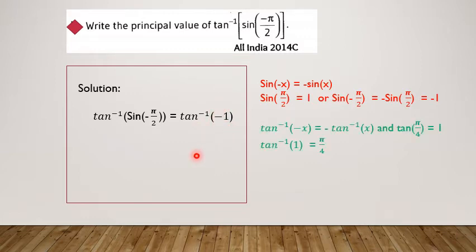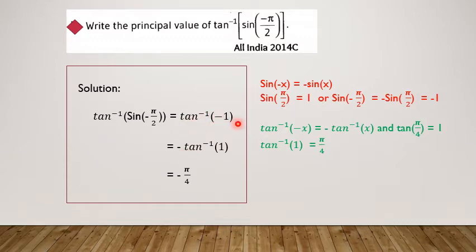Now the identity: tan inverse minus x is minus tan inverse x. Also, the value of tan pi by 4 is 1. Then if tan pi by 4 is 1, what is tan inverse 1? Tan inverse 1 is pi by 4. We substitute these identities here.